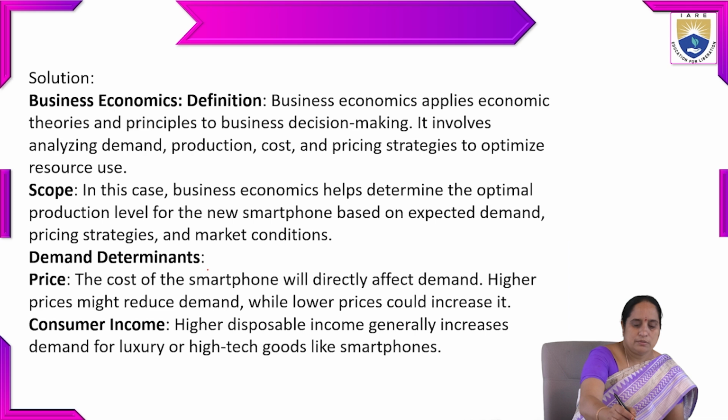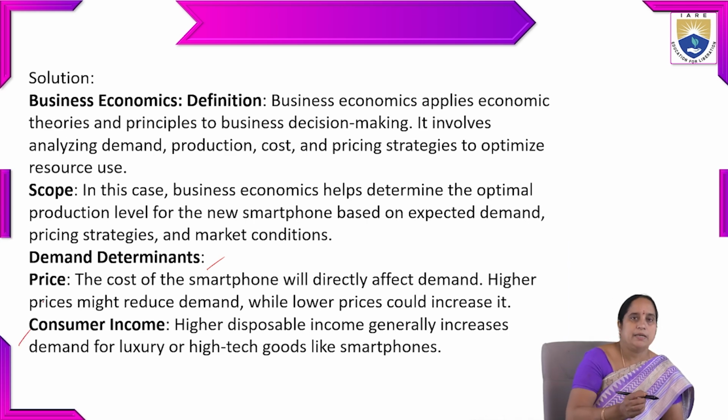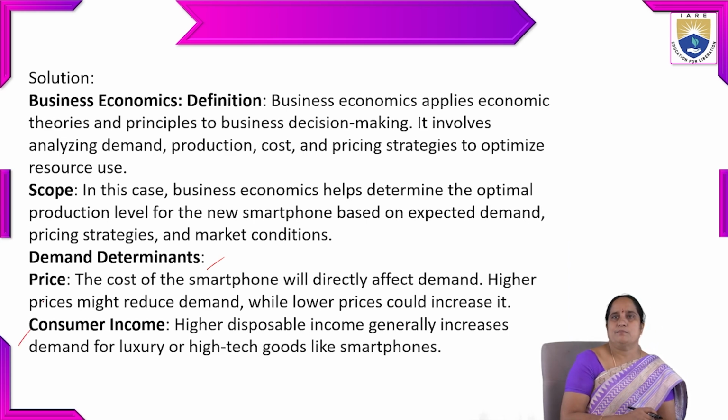So let us go through the demand determinants. Price. The cost of the smartphone will directly affect demand. Higher prices might reduce demand, while lower prices could increase it. Coming to the consumer income, higher disposable income generally increases demand for luxury or high technology goods like smartphones.